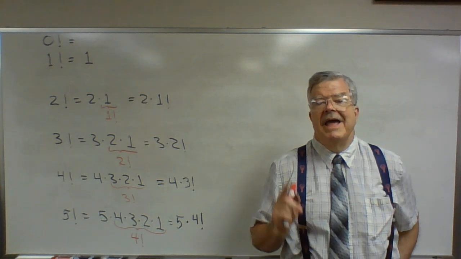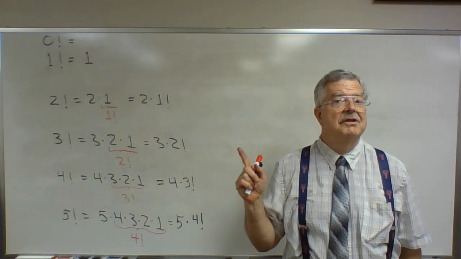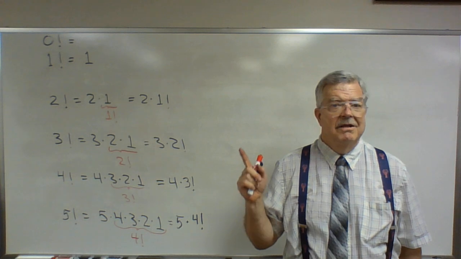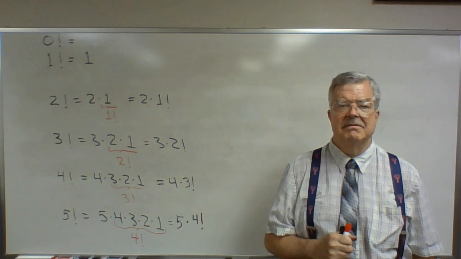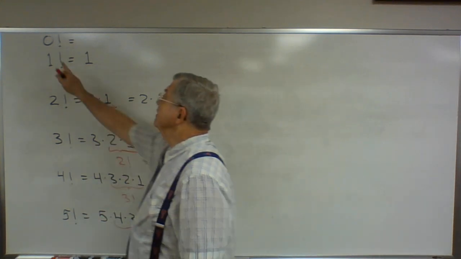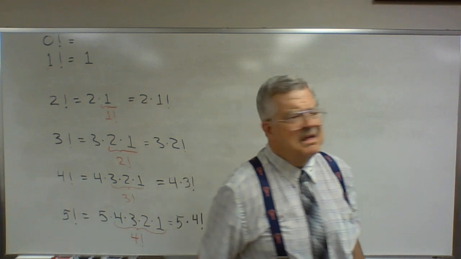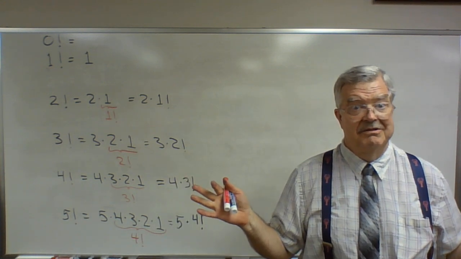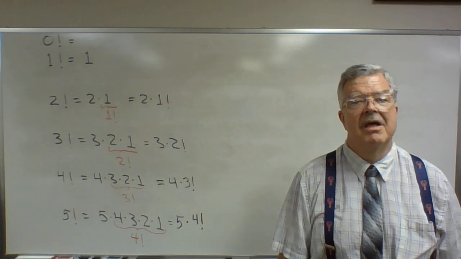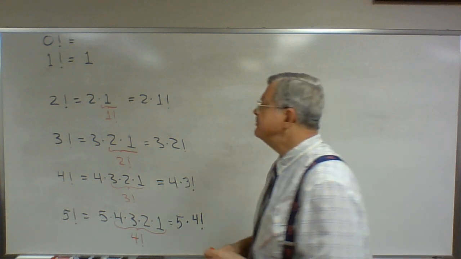And n factorial is the product of the positive integer n times every positive integer less than n. This isn't a positive integer, so is 0 factorial really something that exists? And the answer is yes, and here's why.